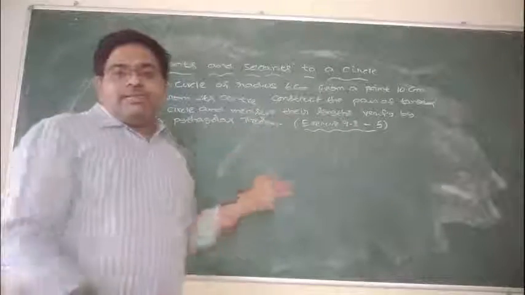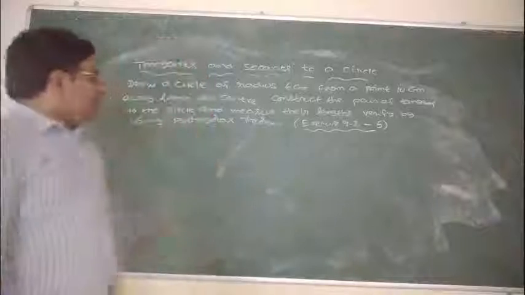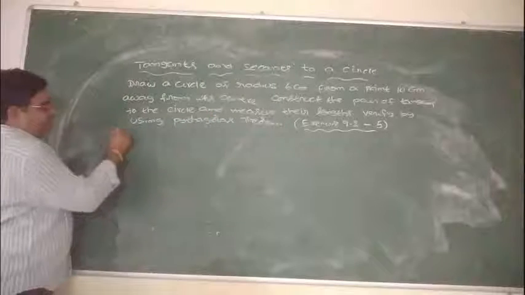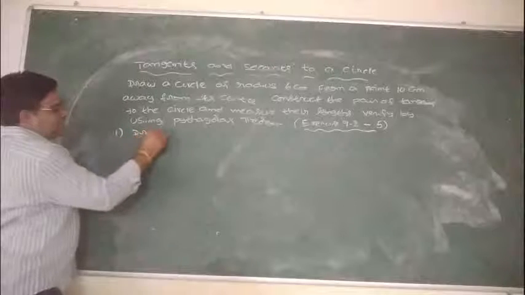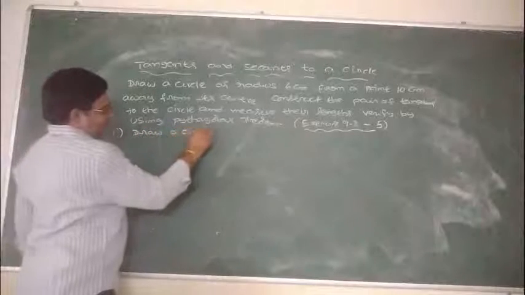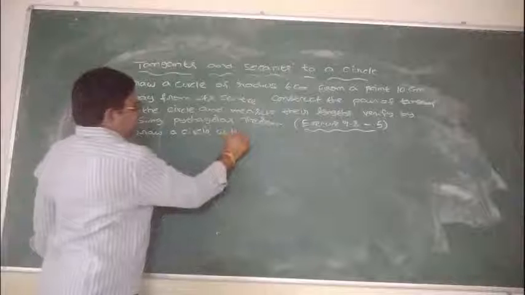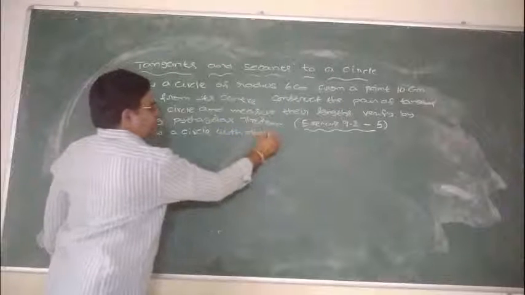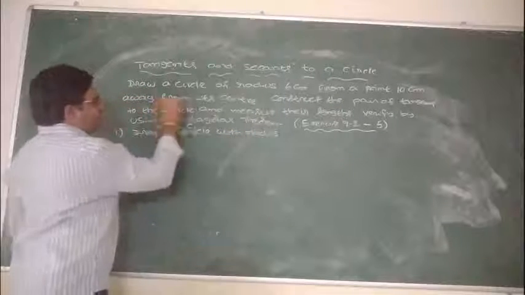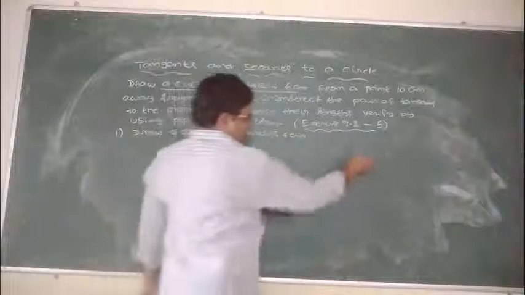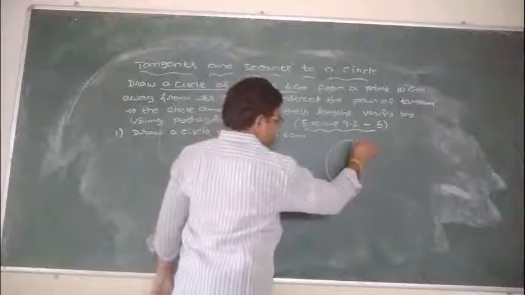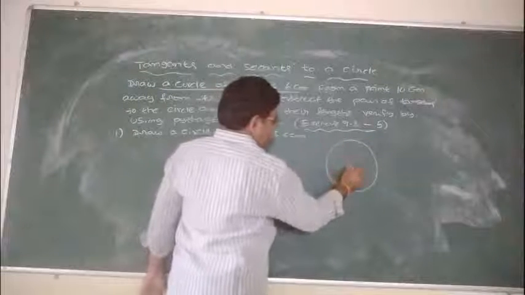Before, what I explained, that is the theorem. First, step number 1: draw a circle with the radius. How much is given? 6 centimeters.